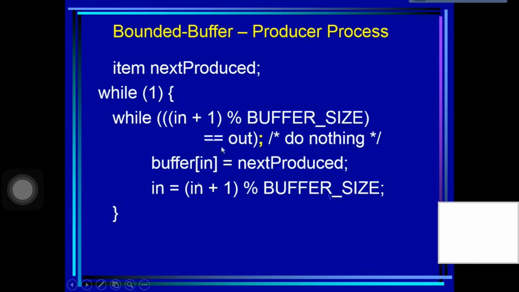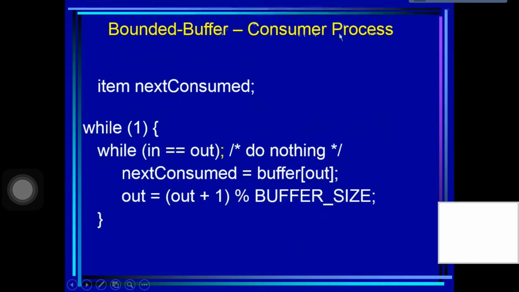So we can see the program will continue to this statement and put the new item produced by the producer into the buffer and move the pointer to the next location, which refers to the new empty position. Okay, so this is the producer process, and this is the consumer process.